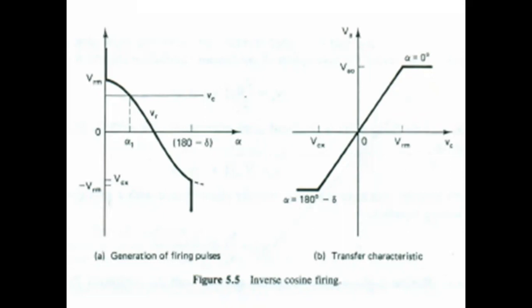The firing pulses of thyristors T1 and T2 are produced at the intersection of VR, the reference voltage, and VC. The firing pulses of T2 and T4 are produced at the intersection of minus VR and VC also.